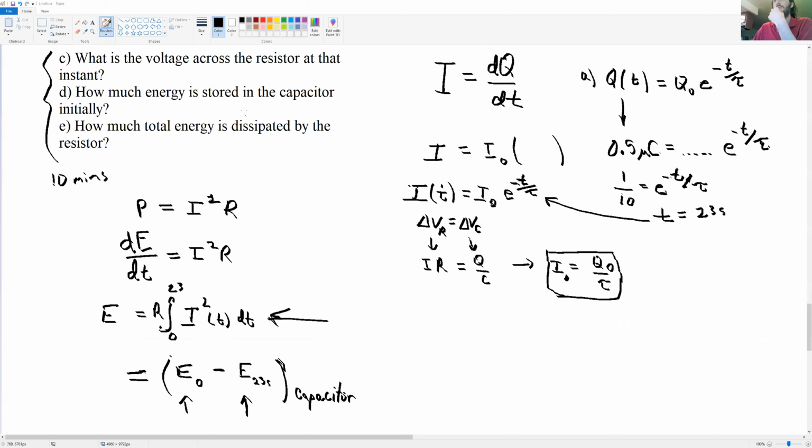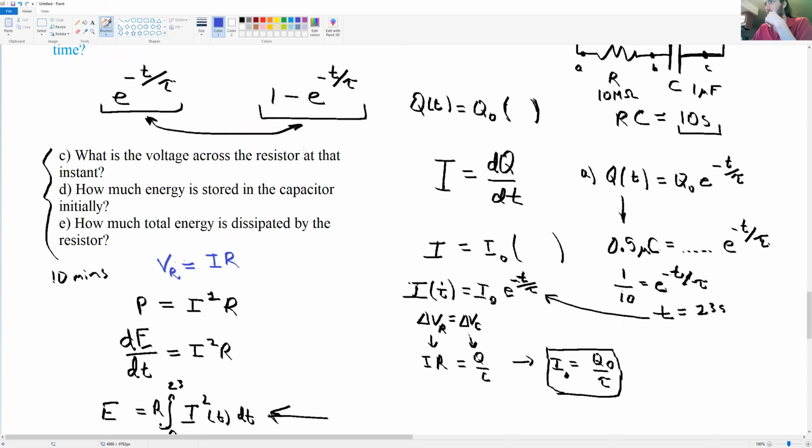So what is the voltage across the resistor at that instant? The voltage across the resistor is going to be equal to, by Ohm's law, the current through the resistor times its resistance value. The resistance value was 10 mega ohms, so 10 to the 6 ohms. And then what was the value of the current?